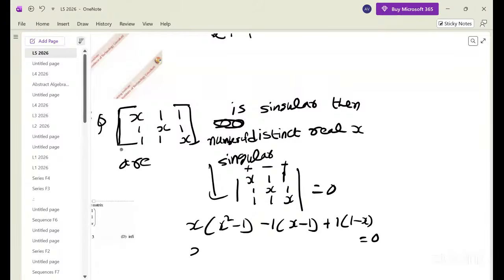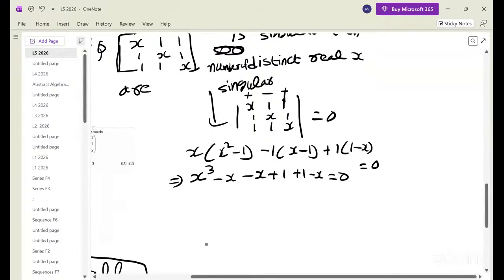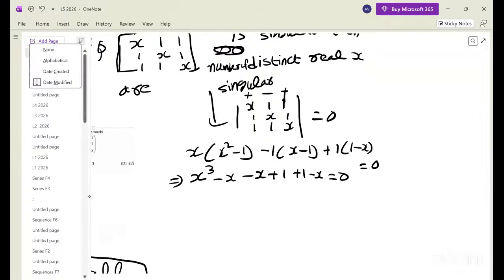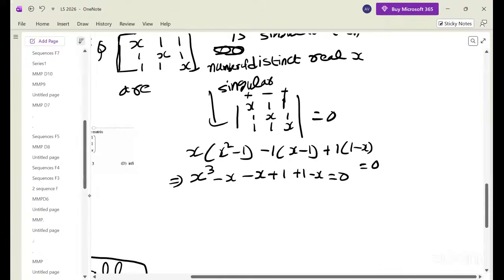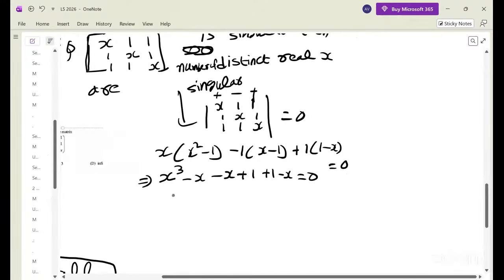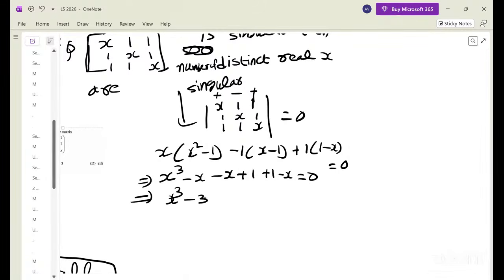So this will be (x minus 1)(...) which gives x cube minus x minus x plus 1 plus 1 minus x is 0. So this implies x cube minus 3x plus 2 equals 0.